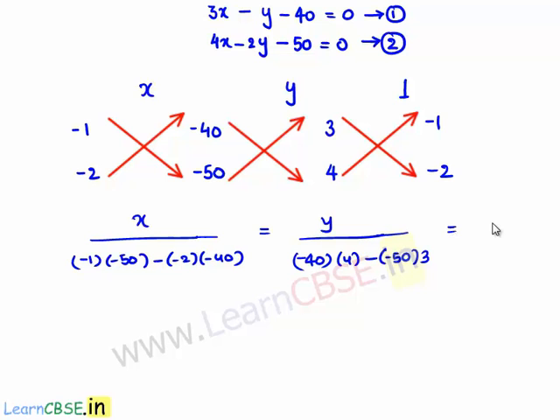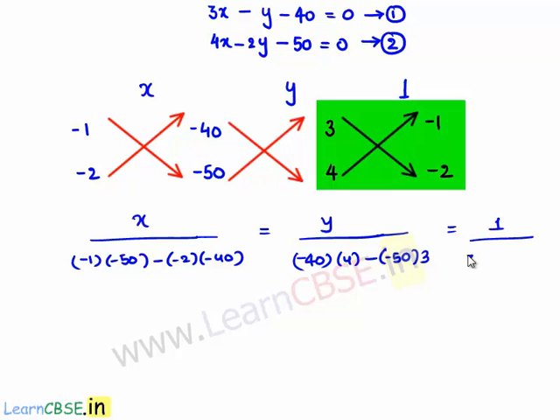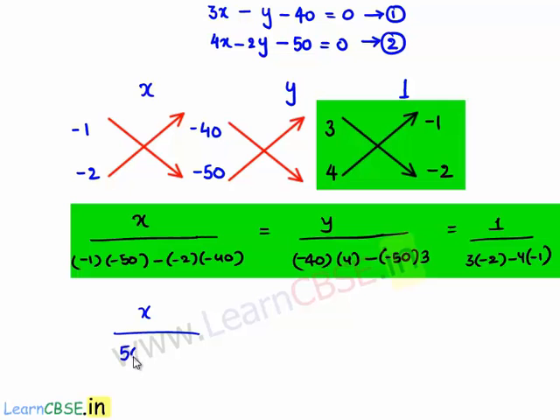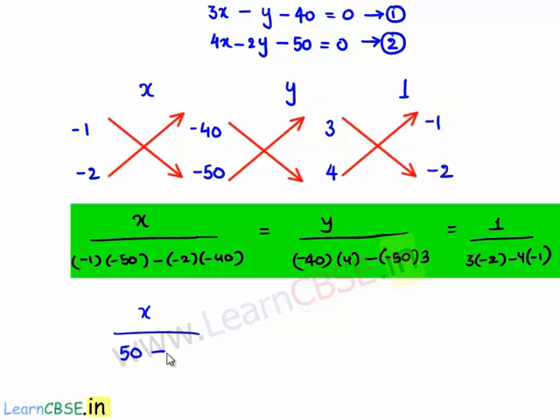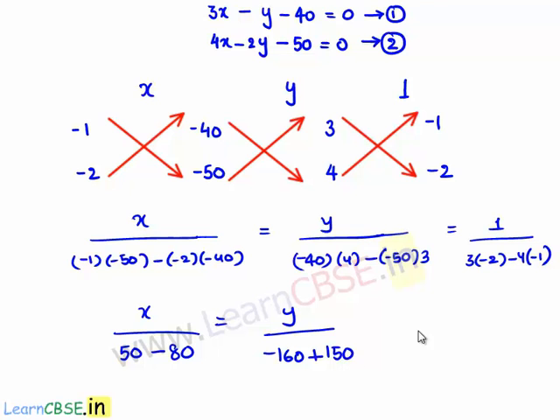This is equal to 1 divided by 3 times of minus 2 minus 4 times of minus 1. We will be getting x divided by 50 minus 80 is equal to y divided by minus 160 plus 150. This is equal to 1 divided by minus 6 plus 4.